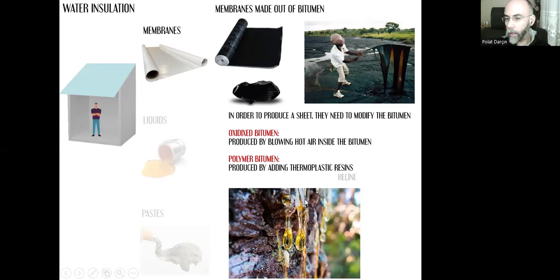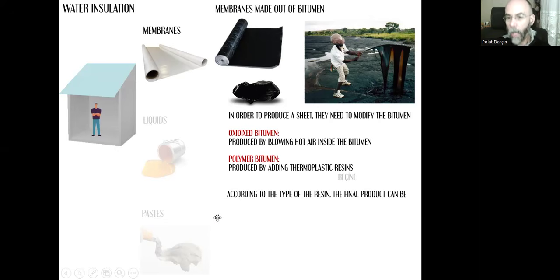It's this sticky substance that we see on pine trees. It's the natural form, but this time we are not using this natural resin. We are creating a plastic resin, an artificial one, a thermoplastic substance, and we add this substance inside the bitumen.